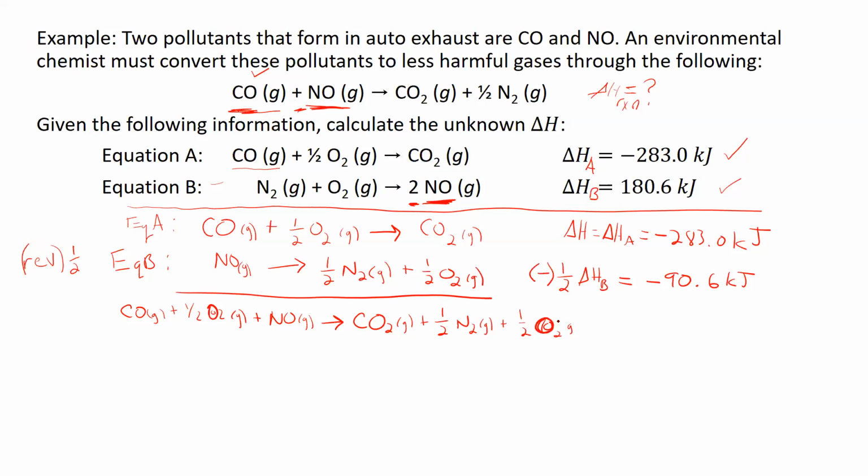Okay, if I look at those, now I can see the 1/2 O2 and 1/2 O2 are the same on either side, so I can get rid of them. And I can rewrite the overall equation just to make sure it's the same as what I was trying to get.